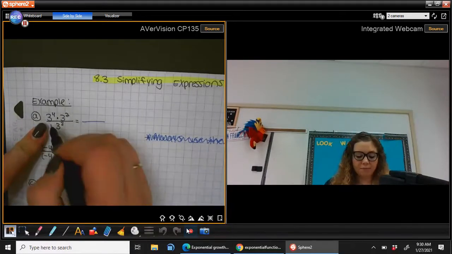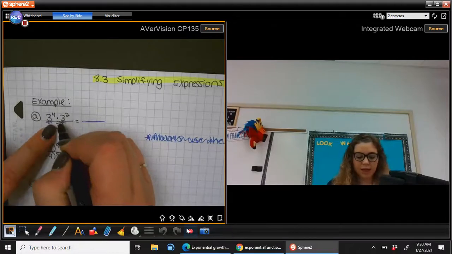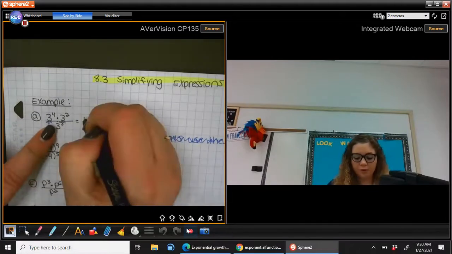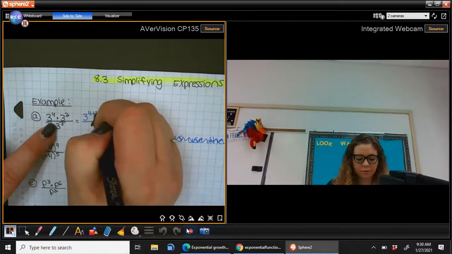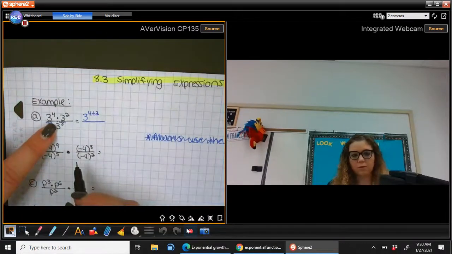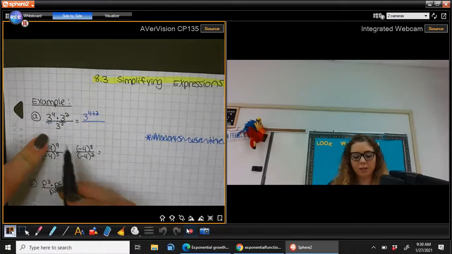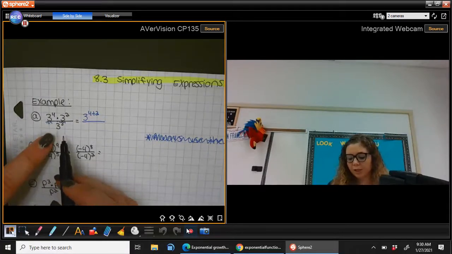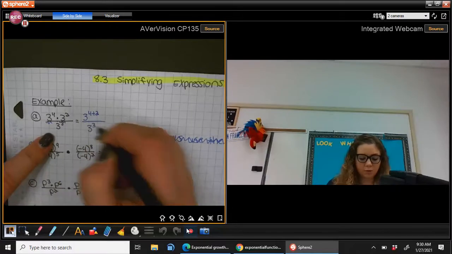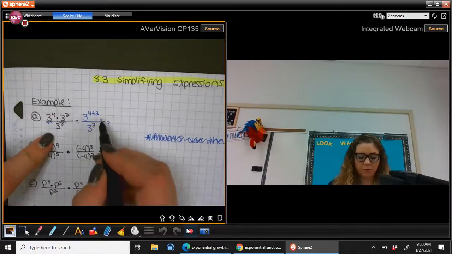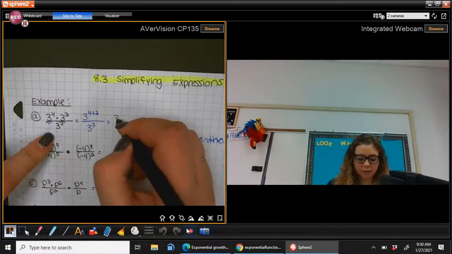I can. The bases are the same and I'm multiplying. So therefore, I'm going to add my exponents, just combining them. Now I'm going to look in the denominator. Can I do anything with that? No. I'm just going to leave that as 3 to the 3rd. So 4 plus 2 is going to give me 6.